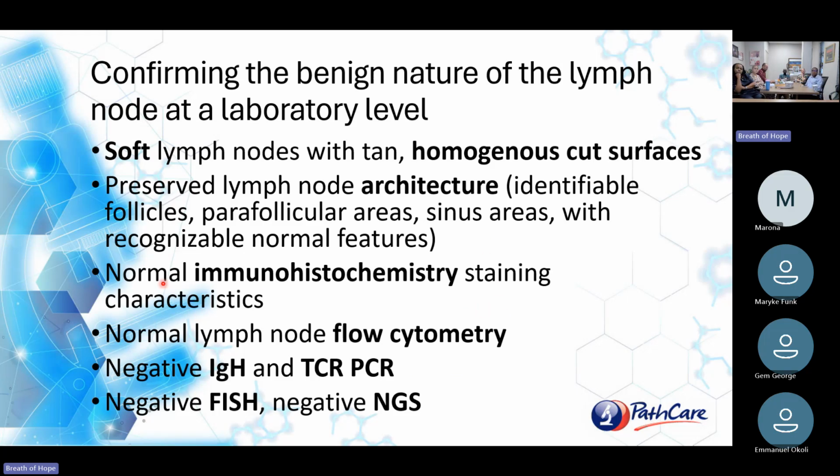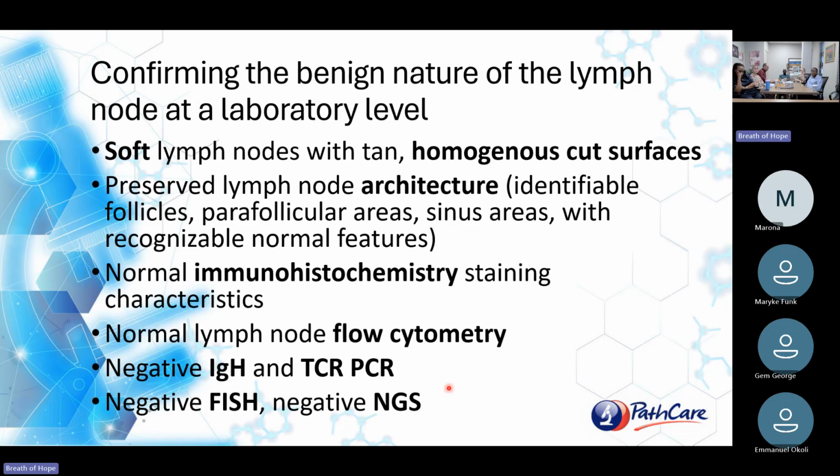For a lymph node, pathologists often do a whole battery of immunohistochemistry stains, and after looking at those stains, they'll see that the patterns are all normal. You can do lymph node flow cytometry, which is offered now by special arrangement. You need to put the lymph node, I think, in saline and send it to our referral lab.